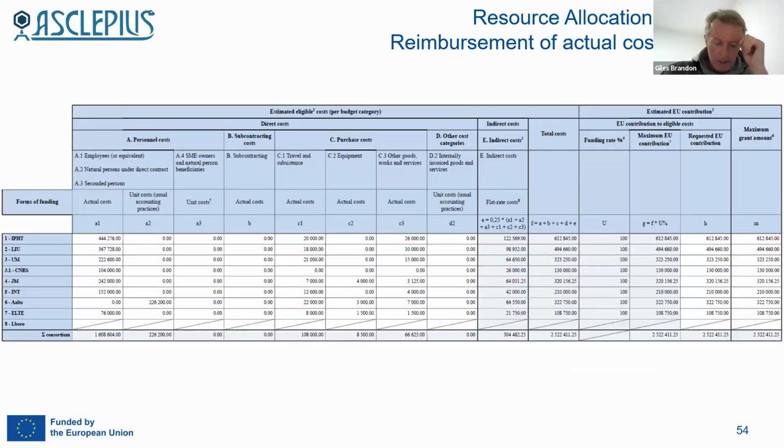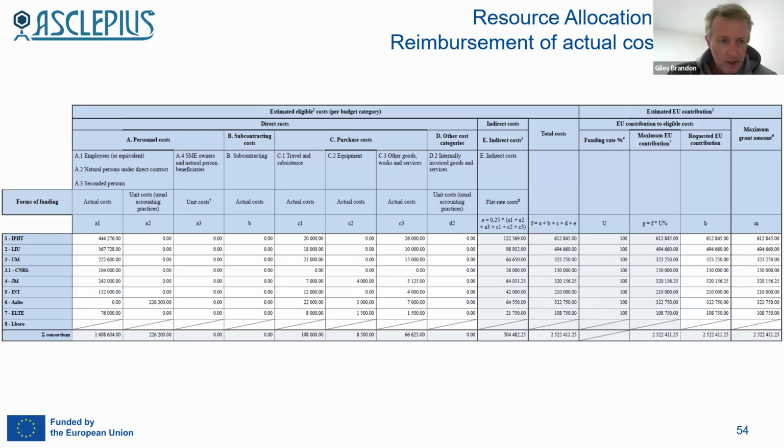So assuming you've prepared a budget in your own Excel file and you've copied and pasted these numbers into part A of your proposal in the Funding and Tenders portal, your budget would look perhaps something like this.